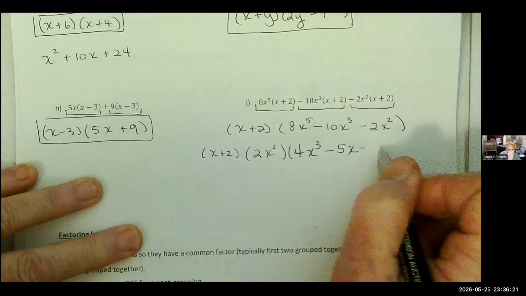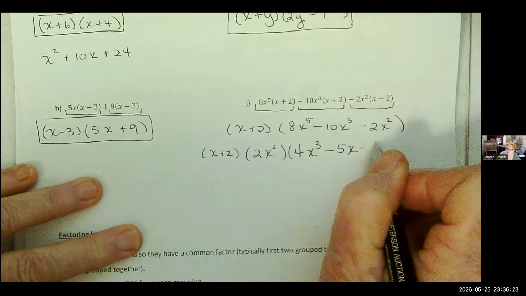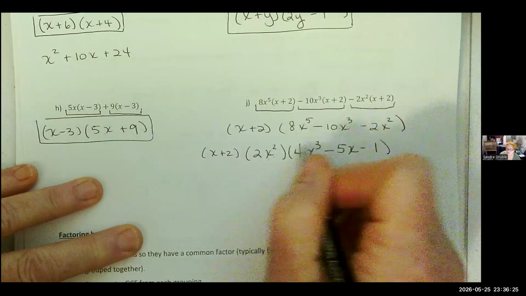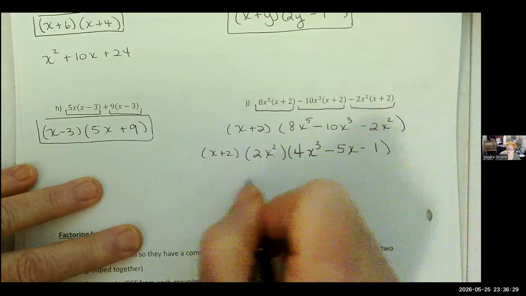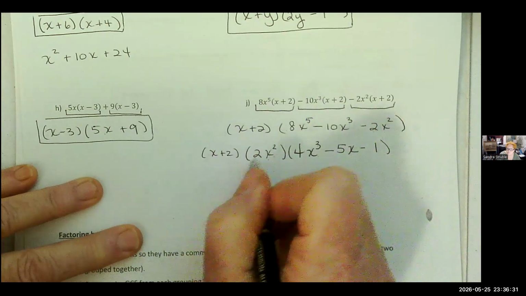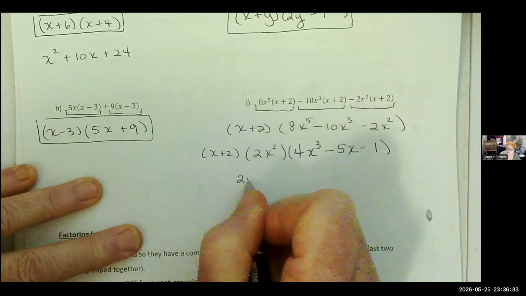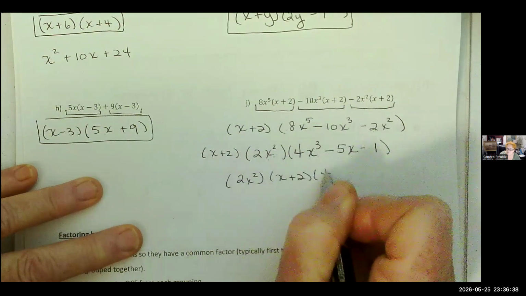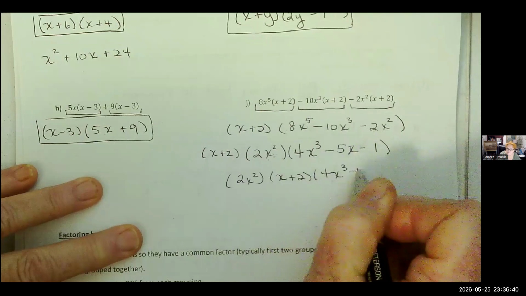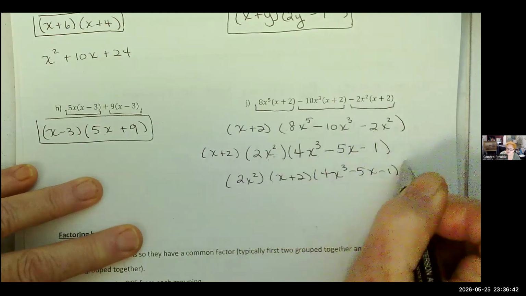So you're going to put a 1 because we've factored out the x squared. So it needs to at least be a 1. So I would rewrite this to put the 2x squared in the beginning. You don't have to. It's still correct. And that's your answer.